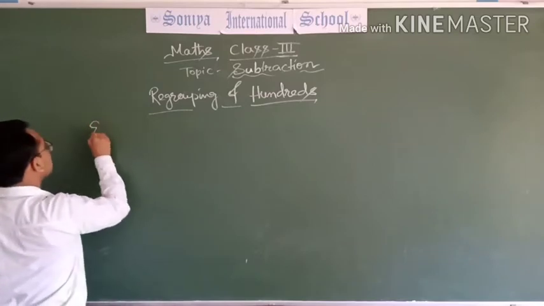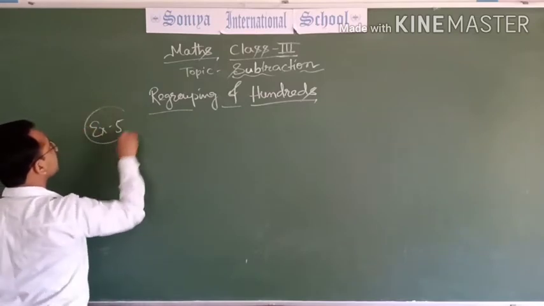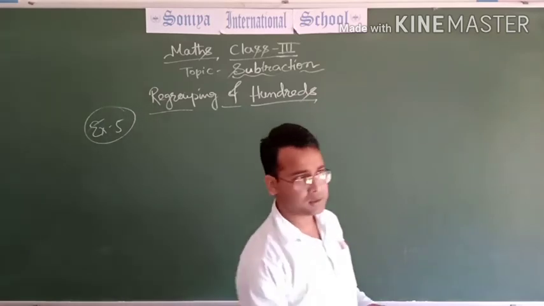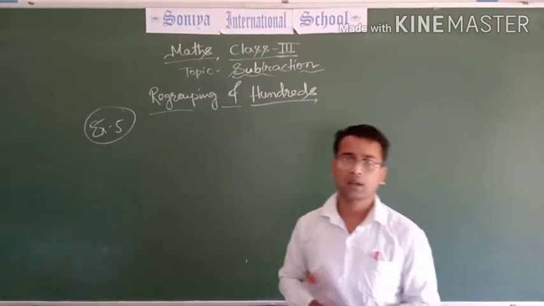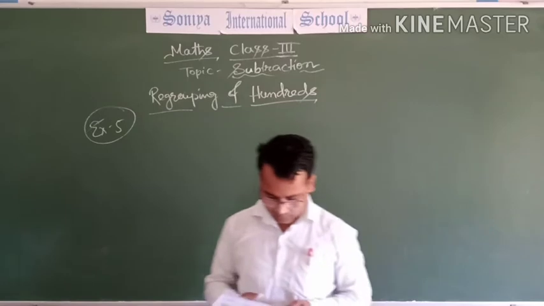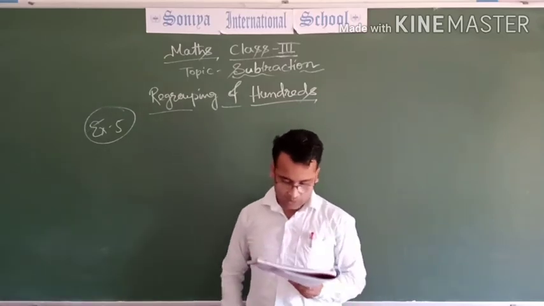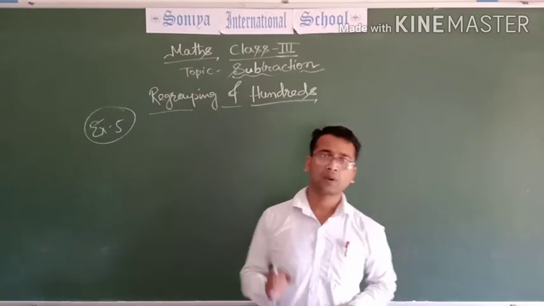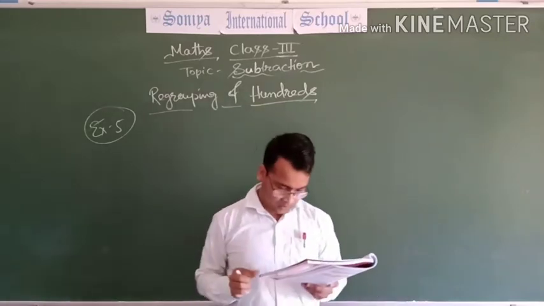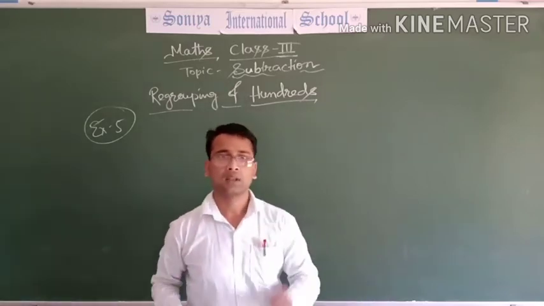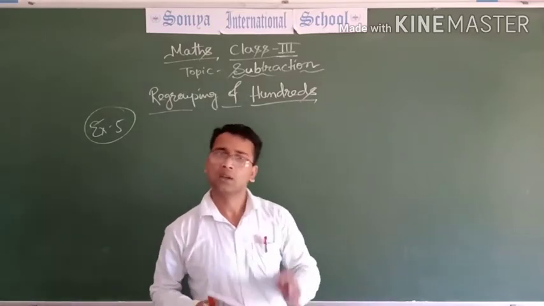Take example number 5. First, I will read and you listen. Kuber loves collecting coins. He has 749 coins.